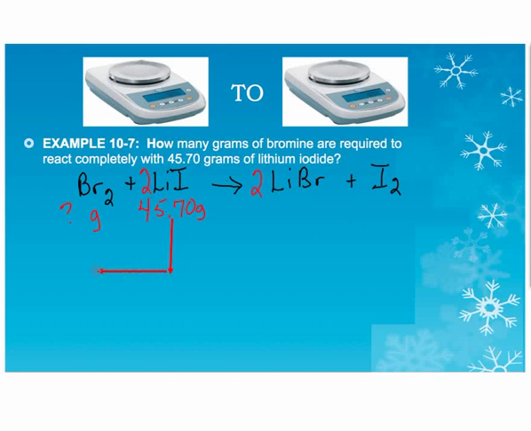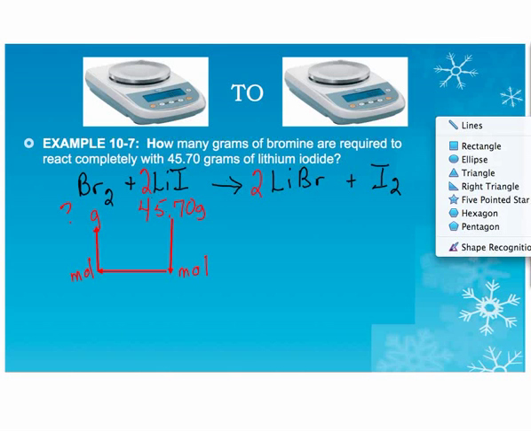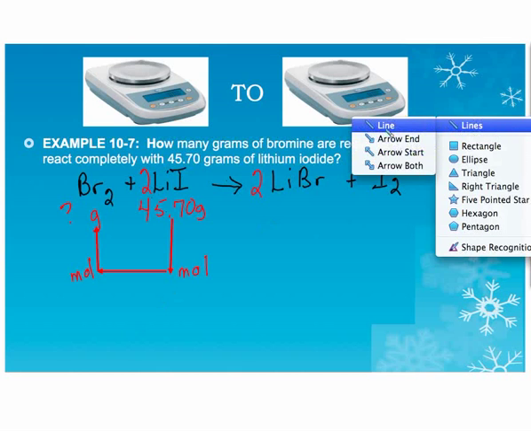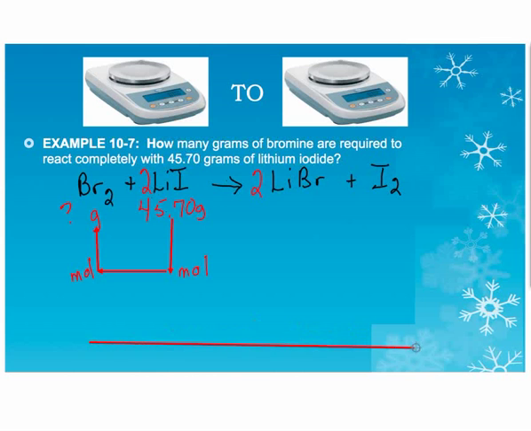We've got to go from mass to moles, then we want to go moles to moles, and then we want to go moles to mass. All right? So mass to moles, moles to moles, then moles to mass. Hopefully you're getting a hang of these. So let me set out a grid and let's forge ahead.